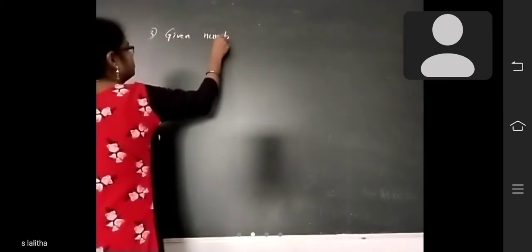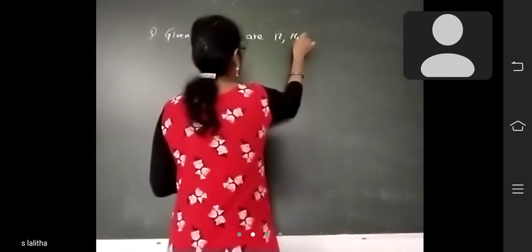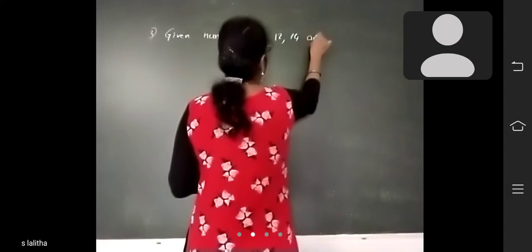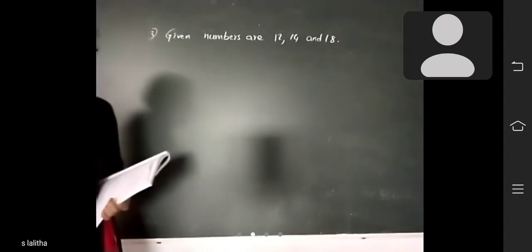So what is given? Given numbers are 12, 14 and 18.